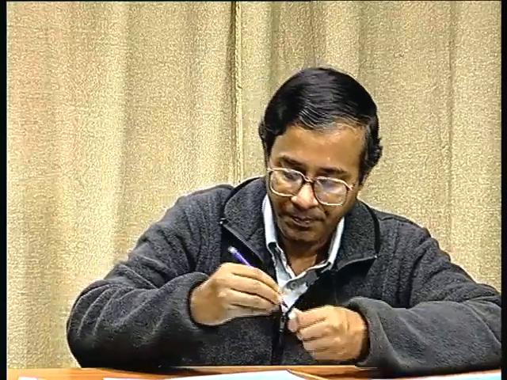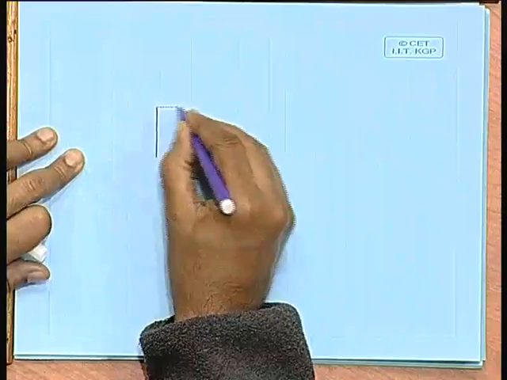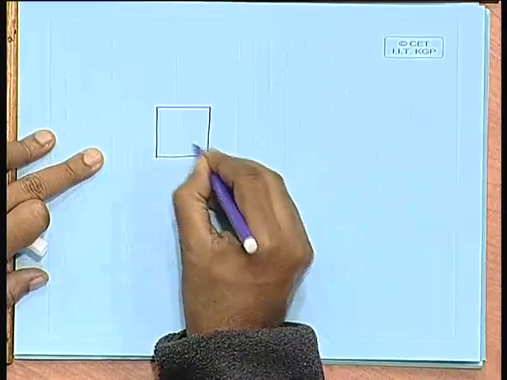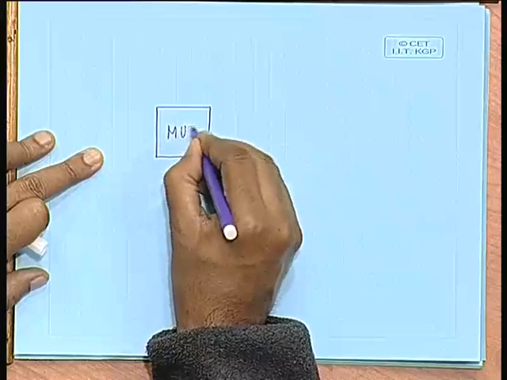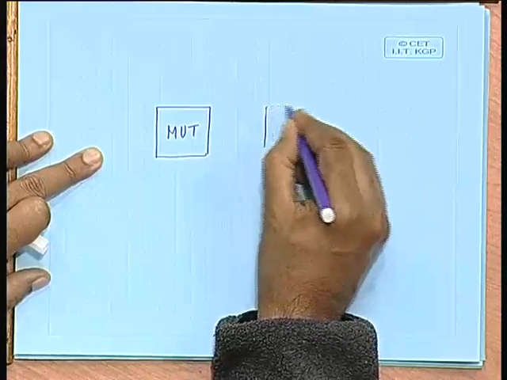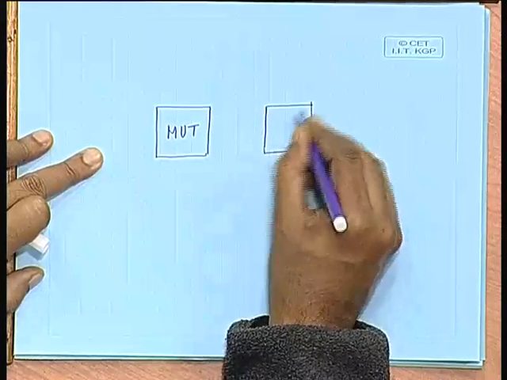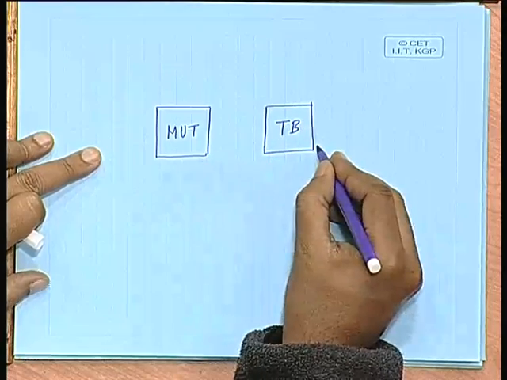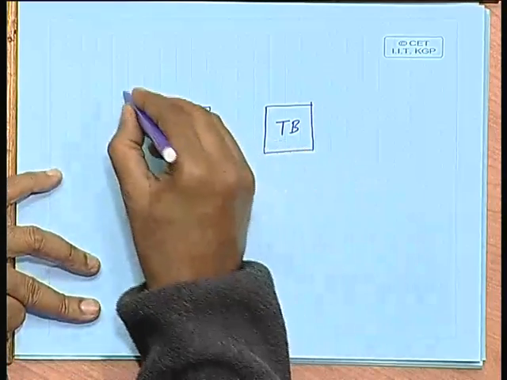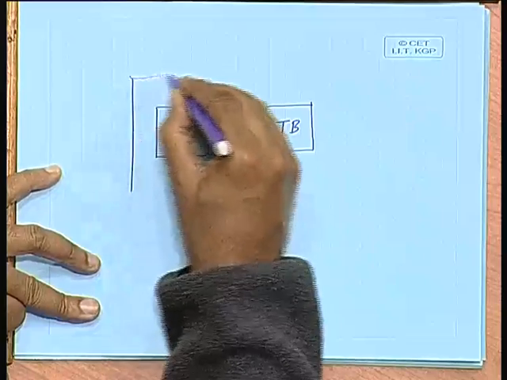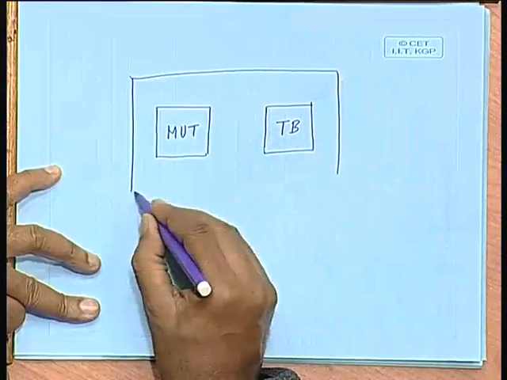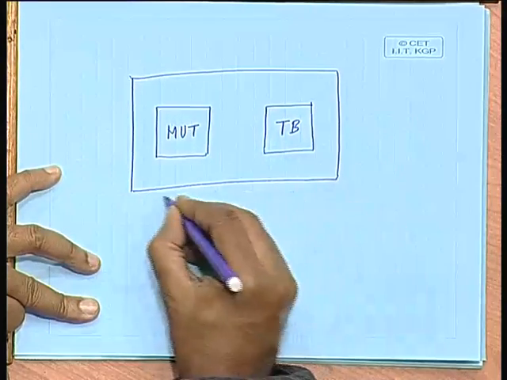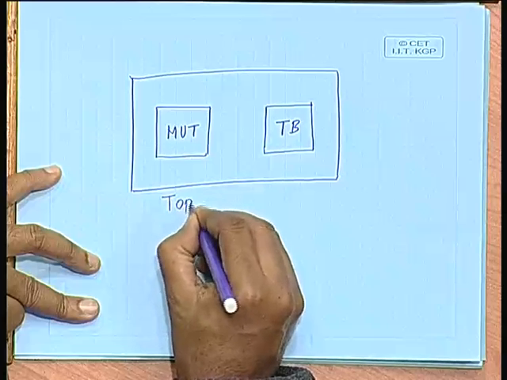Now, you see, module under test is also a Verilog program, test bench is again a Verilog program. Whenever you are using a test bench for verifying the design of this module, what you actually do is that you have your module under test, you have your test bench. These are two independent Verilog modules. Now you wrap both of them into a top level module.